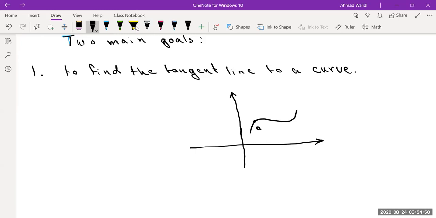Actually, by algebra, it's impossible to find the slope of a curve at a given point. Or if I draw here a line like this, which we call a tangent line, later I'll discuss with you what a tangent line is. If I want to find the slope of this line, algebra can find the slope of this line at a given point.